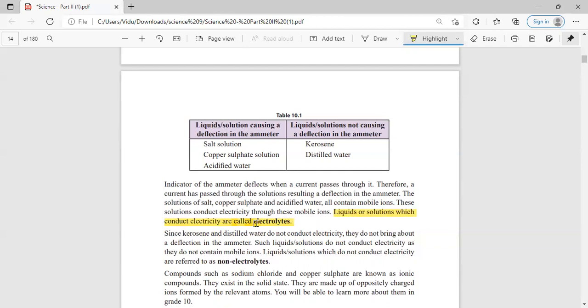Since kerosene and distilled water do not conduct electricity, they do not bring about a deflection in the ammeter. Such liquids and solutions do not conduct electricity as they do not contain mobile ions.